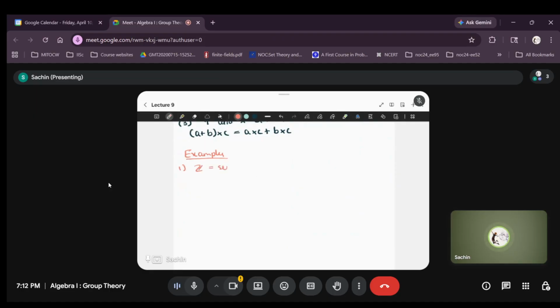So the set of all integers, and the operation plus is integer addition, normal addition that we know, and multiplication is simply normal multiplication.